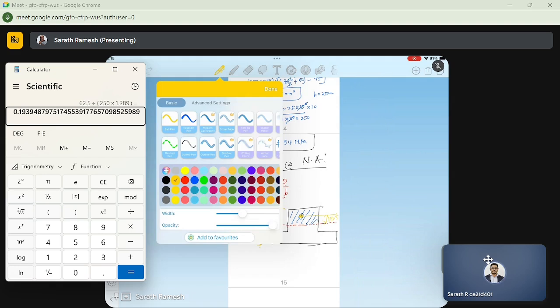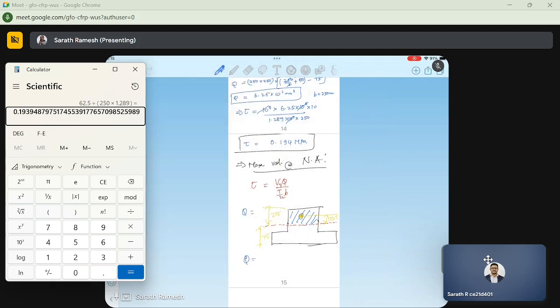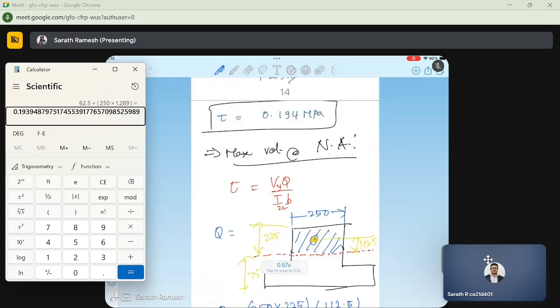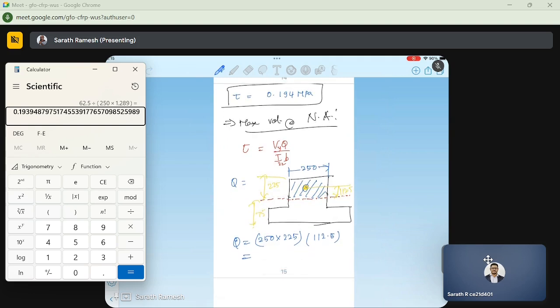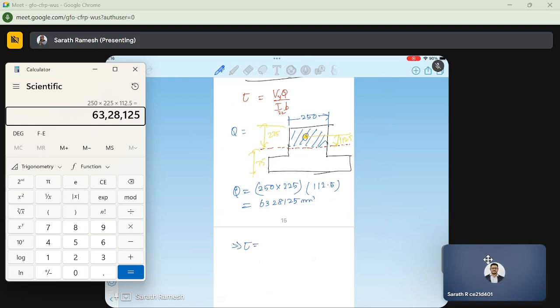So my Q will be this area, 250 times 225 times 112.5, which is 6328125 mm cube.